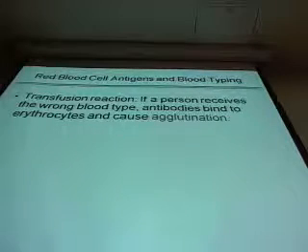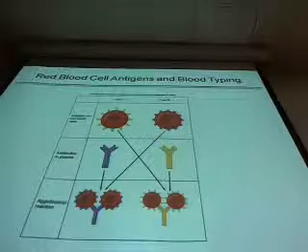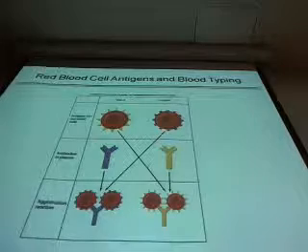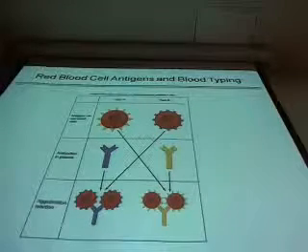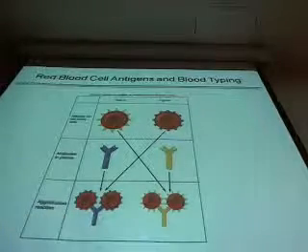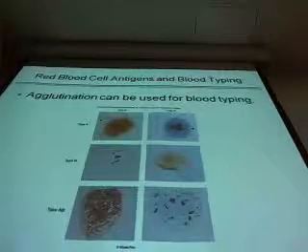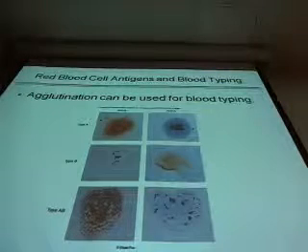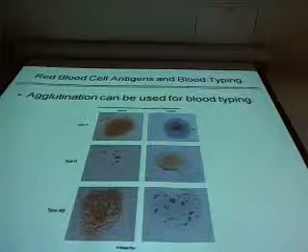Okay, transfusion reaction happens if you give the wrong type of blood. This is what we've been talking about. The antibodies: type A will agglutinate type B, and type B will agglutinate type A. So with an anti-B and an anti-A serum, this is how we would type.